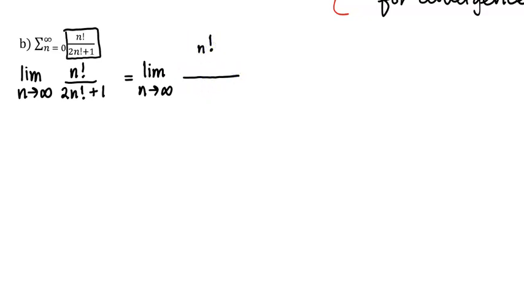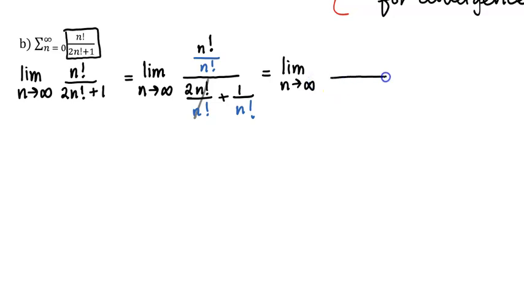So the n factorial that was in the numerator, I will divide by n factorial. The 2n factorial that was in the denominator will get divided by n factorial, and the 1 in the denominator will also get divided by n factorial. We can simplify a little bit because these n factorials here will cancel. Do pay attention to the fact that that 2 is not included in the factorial.